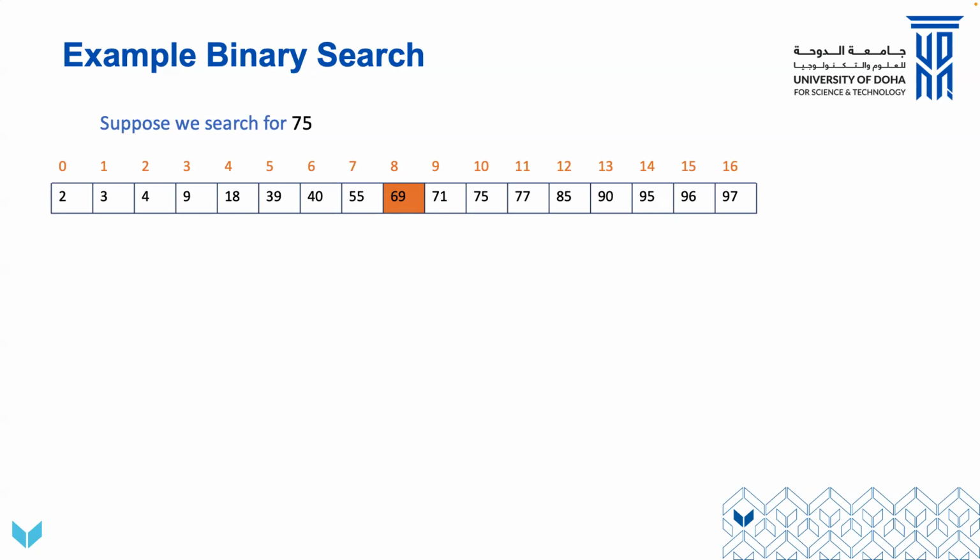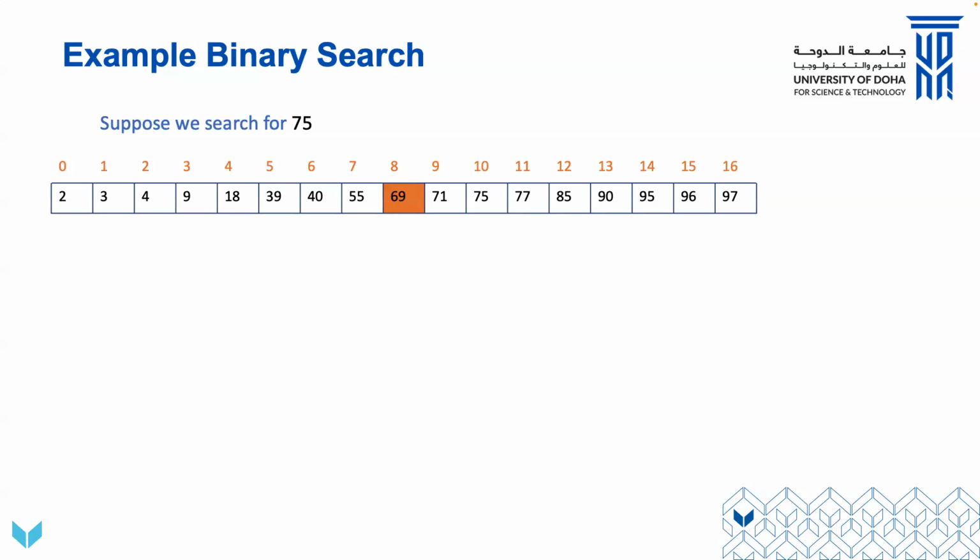However, there's something really important now, and that is because 75 is bigger than 69, is there any chance it would be in the numbers between position 0 and position 8? And the answer is absolutely not. It's not even remotely feasible because the list is already sorted from smallest to biggest.